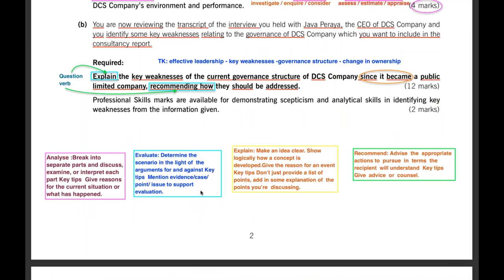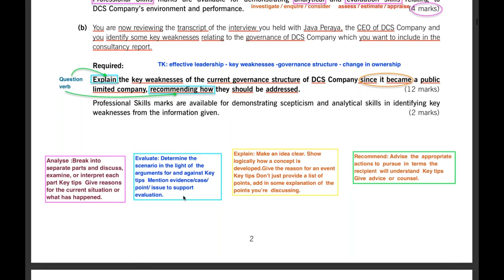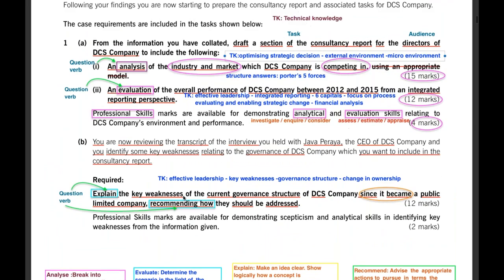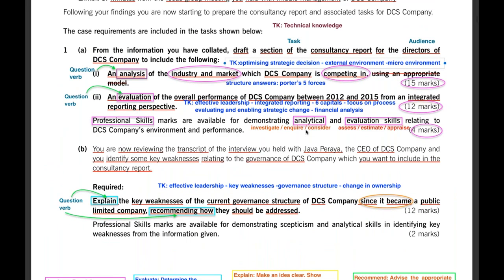I have put this question verb down here: determine the value of the scenario in the light of the arguments for and against. And your key tip is to mention the evidence, case, point, or issue to support that evaluation. And the professional skills that are being tested.